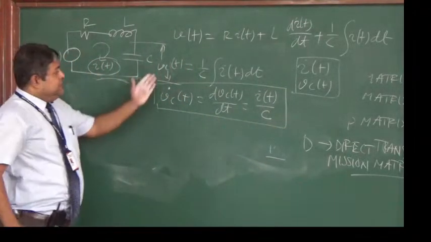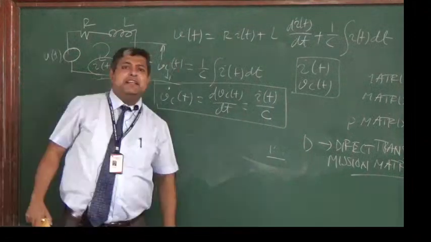So vc(t), capacitive voltage, is 1/C integration of i(t) dt.